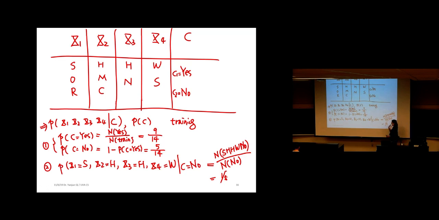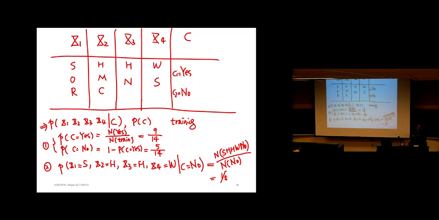Because I have to do this for all the possible combinations of values for each random variable, how many cases do I need to estimate from data? It's the combinatorial of all the possible combinations of the values from x1, x2, x3, x4, and then conditioned on no or yes.